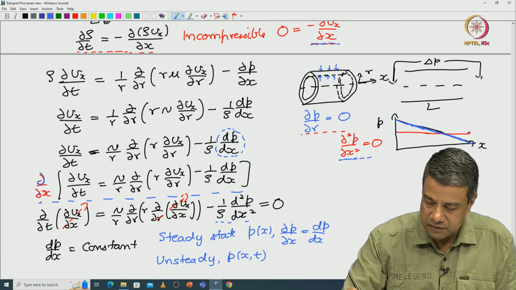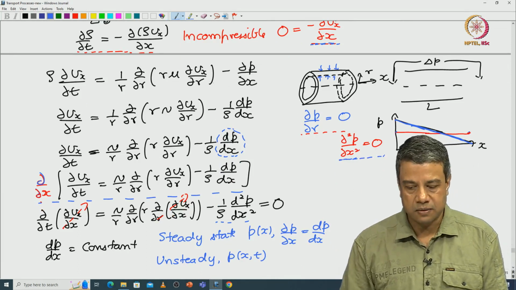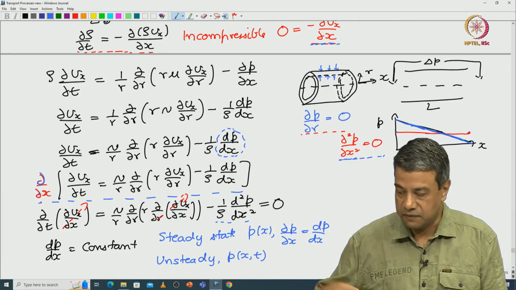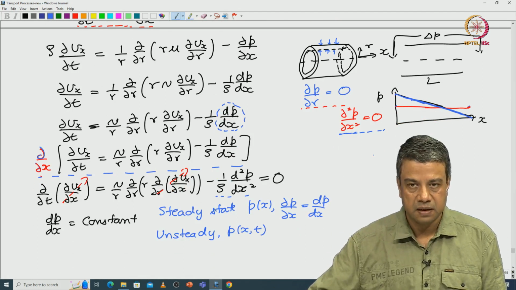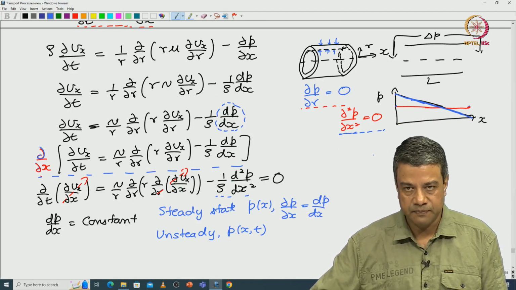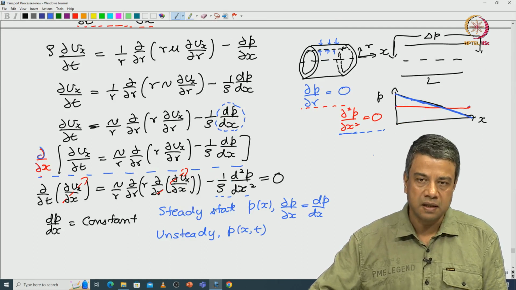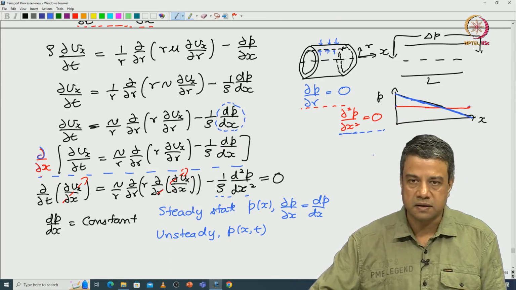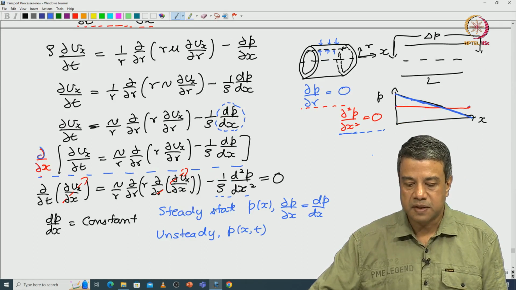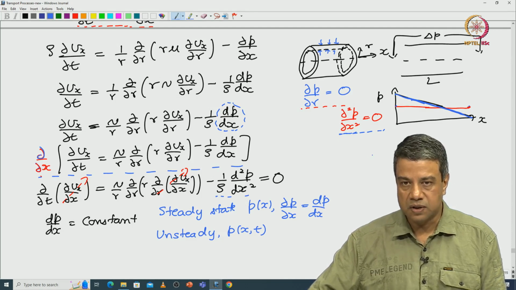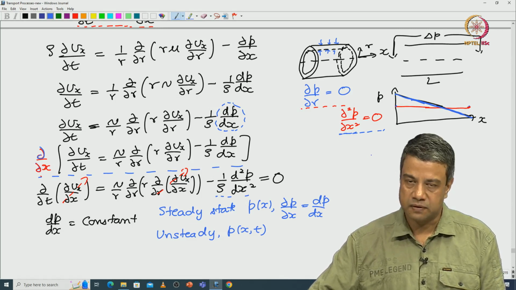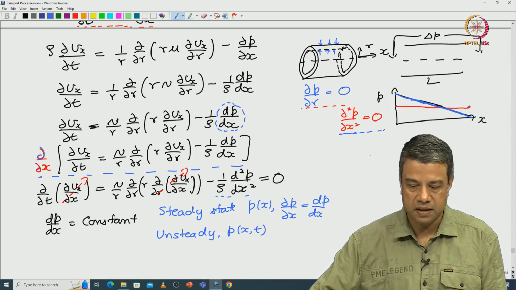The second derivative of the pressure with respect to x is 0, which means that the pressure is a linear function of x. Pressure can be a function of time, because the pressure at the inlet and the outlet is in general a function of time, but the pressure variation from the inlet to the outlet at any instant of time is linear for this unidirectional fully developed flow.